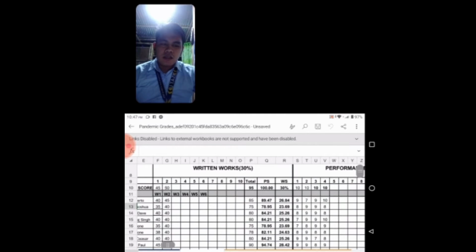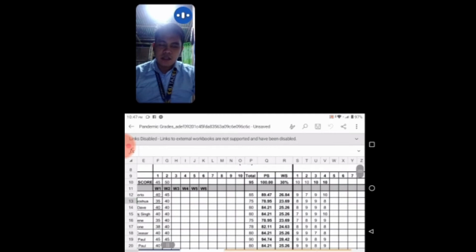Student 1 got 40 out of 45 in written work number 1, then 45 out of 50 in written work number 2. We sum up 40 and 45 and get 85, and the highest score for the written work is 95.